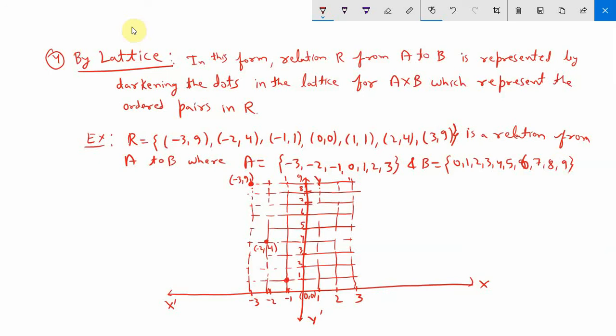Next one is (0, 0). It will be here. After that (1, 1). Next one is (2, 4). It will lie here. And the last one is (3, 9).